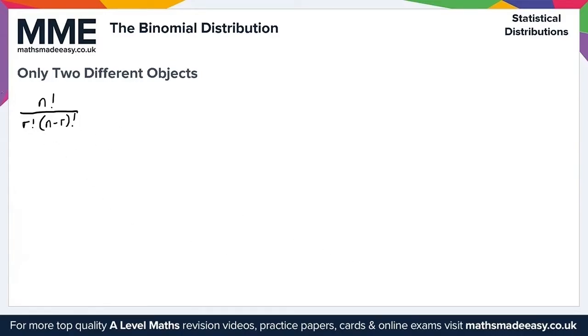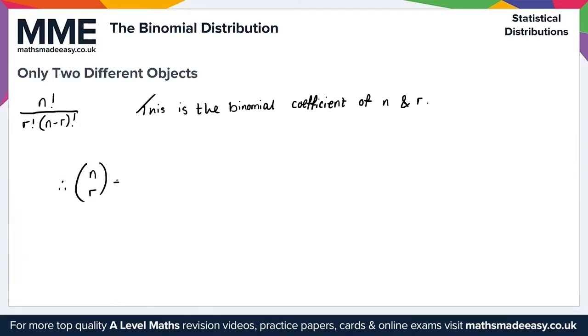This might look familiar, and you should recognise this as the binomial coefficient of n and r. Remember we can write this as n choose r, and we can also write this as nCr.